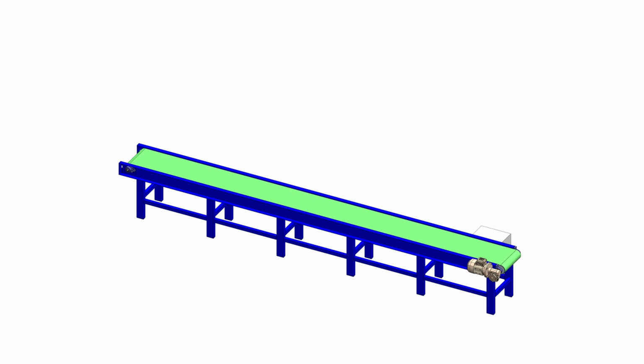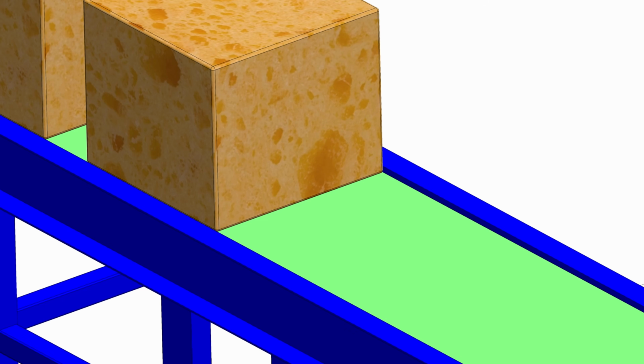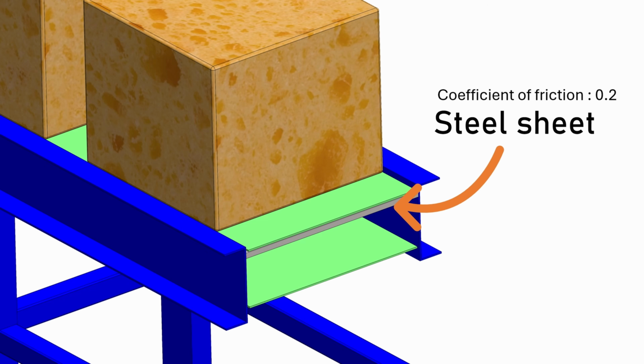Let's understand it with a belt conveyor example. Let's say we have a 10-meter long belt conveyor and the total load on the belt is 650 kg and the belt's own mass is 50 kg. So the total mass we need to move with the motor is 700 kg. Now the belt is supported by a well-finished steel sheet and the coefficient of friction between belt and sheet is 0.2.